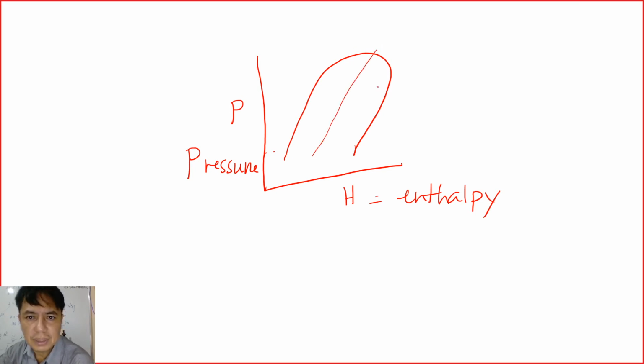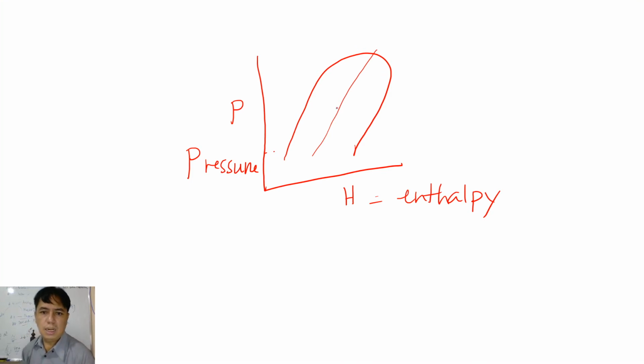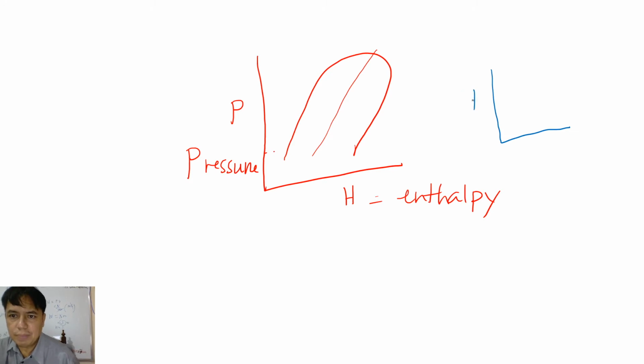Like half. Let me use another color. Let me discuss first some relations. What if, class, the pressure and enthalpy are directly proportional? Meaning, when I add pressure, the enthalpy is increasing.